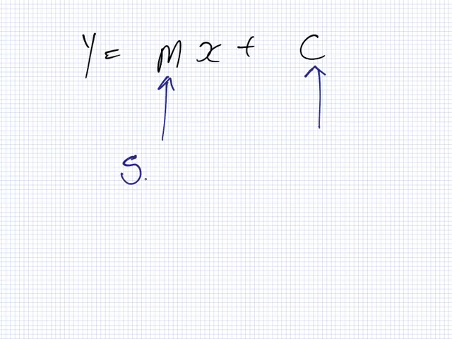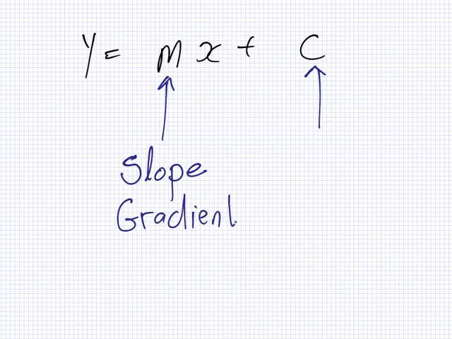I'll help. There's two words. You can call it the slope, or you can call it the gradient. I'll explain, don't worry.